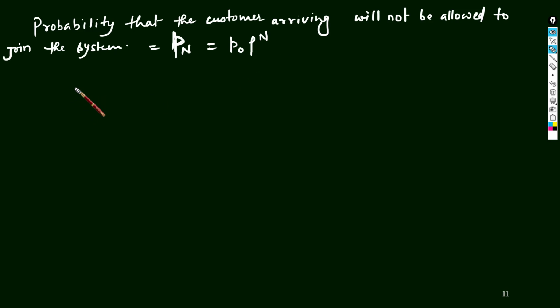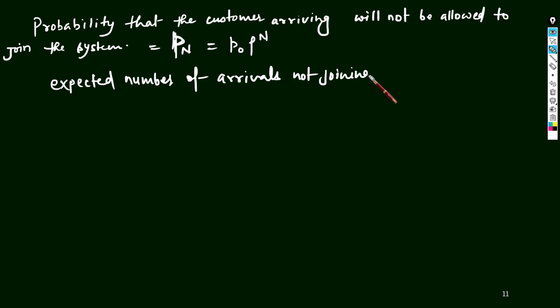Okay, now this is the probability that a customer arriving will not join the system. That means how many customers are not joining the system? So the expected number of arrivals not joining the system will be probability into expected number of customers arriving.